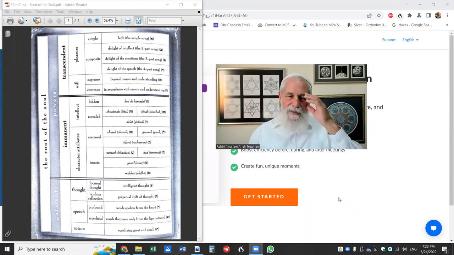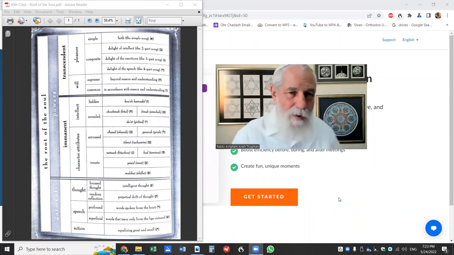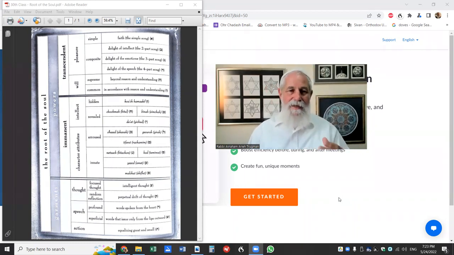We get a pure intellectual type of pleasure. And then there's a pleasure of the emotions, when we're feeling love or kindness or thanksgiving or gratitude or fortitude or strength. These are all powers of the soul that we get delight in.